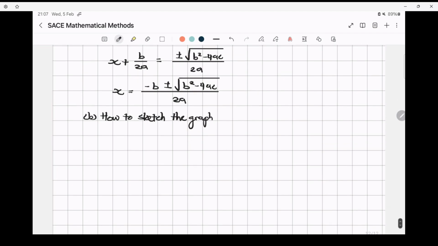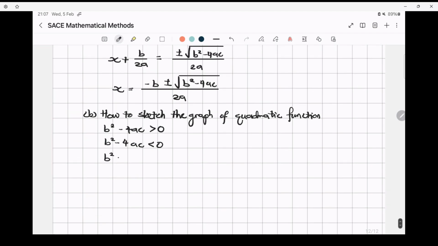And the way you sketch the graph of quadratic equation or quadratic function also relates to the following. If let's say b squared minus 4ac is greater than 0, b squared minus 4ac smaller than 0, and b squared minus 4ac equals 0.